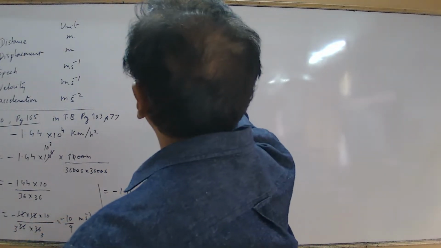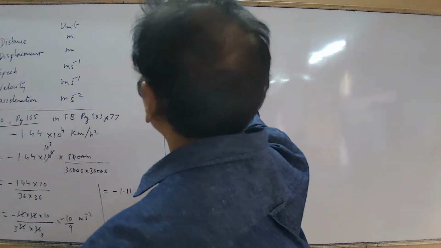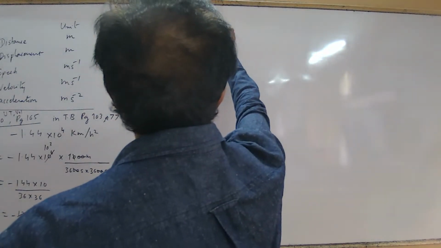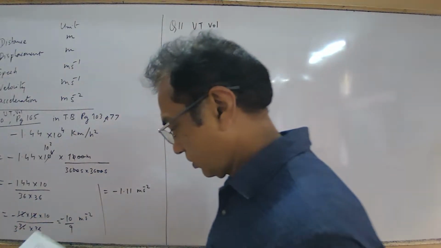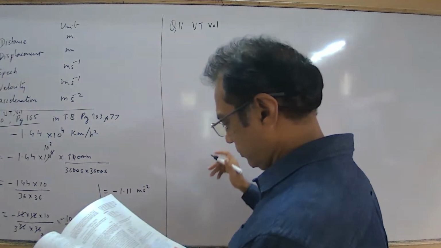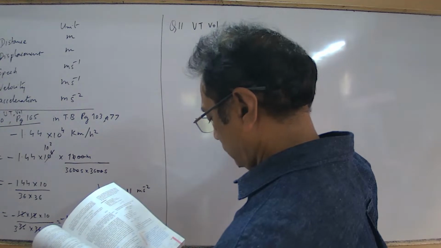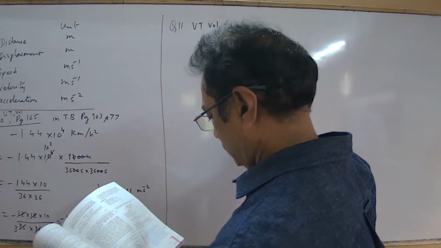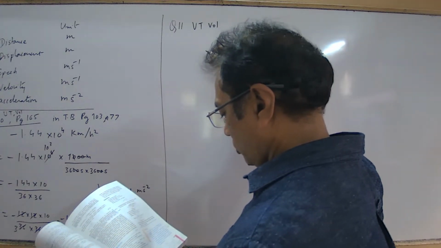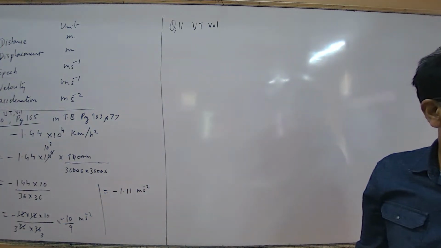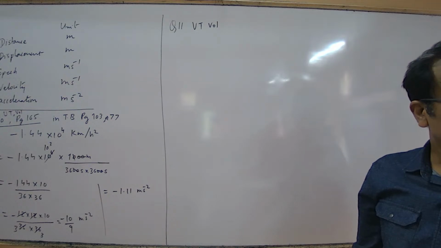Question 11 in your volume. What is the question? A train starts from a railway station and moves with uniform acceleration, attaining a speed of 40 km per hour in 10 minutes. Find its acceleration. So tell me, what is the initial velocity of the train? Why?